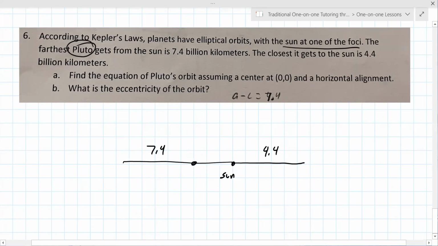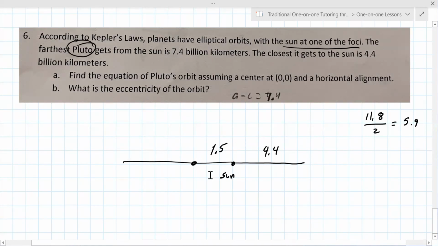So the total distance is 11.8. Cut that in half. 5.9. So if you want better numbers, there's another 1.5 here, if we need that.